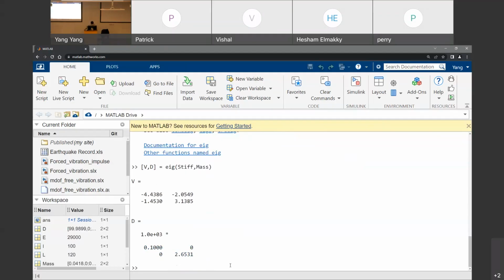So those are the eigenvalues and the eigenvectors.